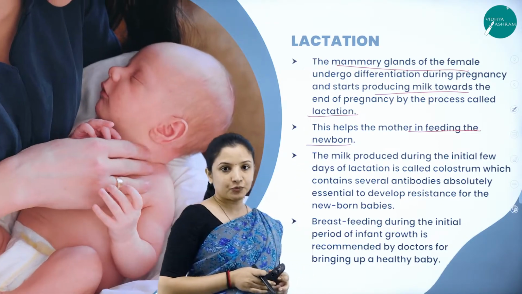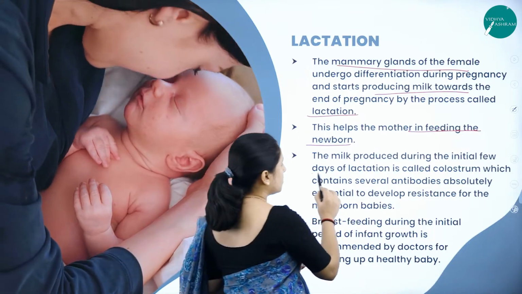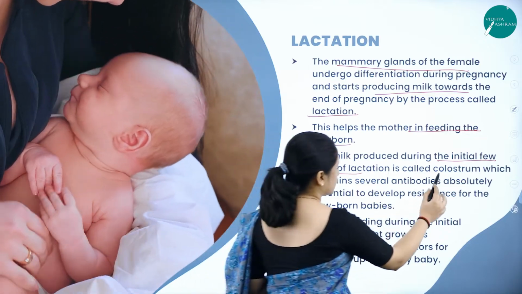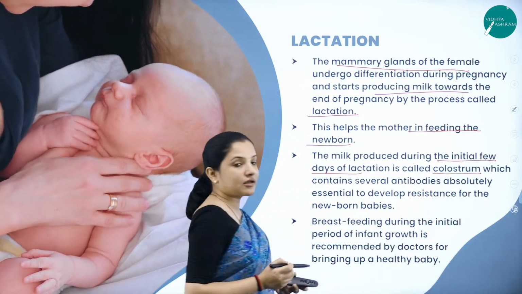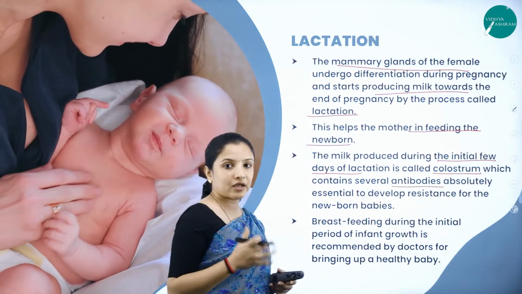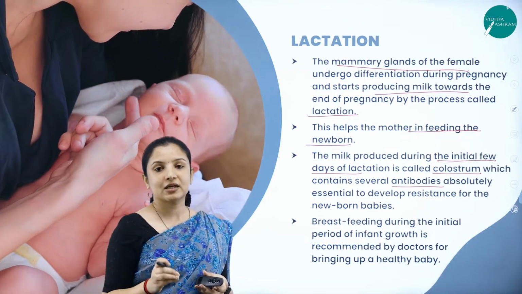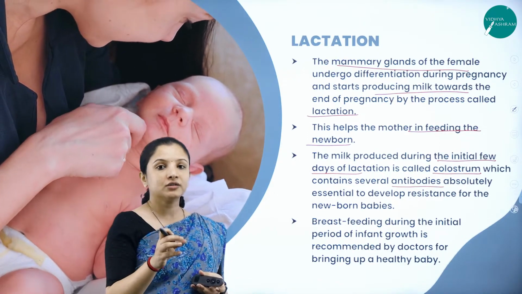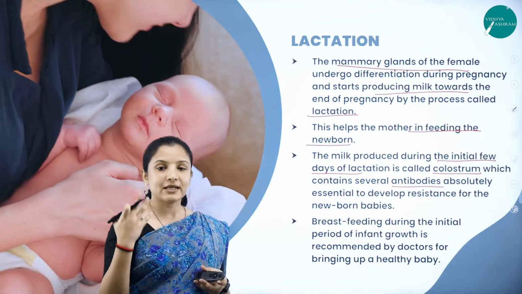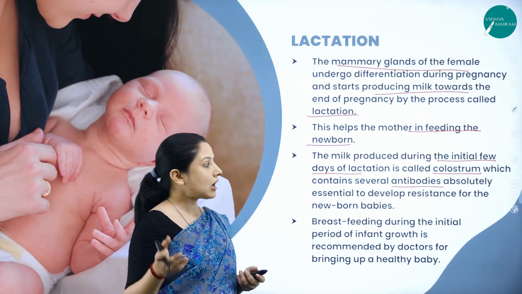And the milk that is produced during the first few days of lactation is called colostrum. This colostrum contains a lot of antibodies, and therefore it is very important to feed the baby with this colostrum milk secreted by the mammary gland, because antibodies are needed for the baby to protect itself or to gain resistance against various diseases that are there in the outside world.